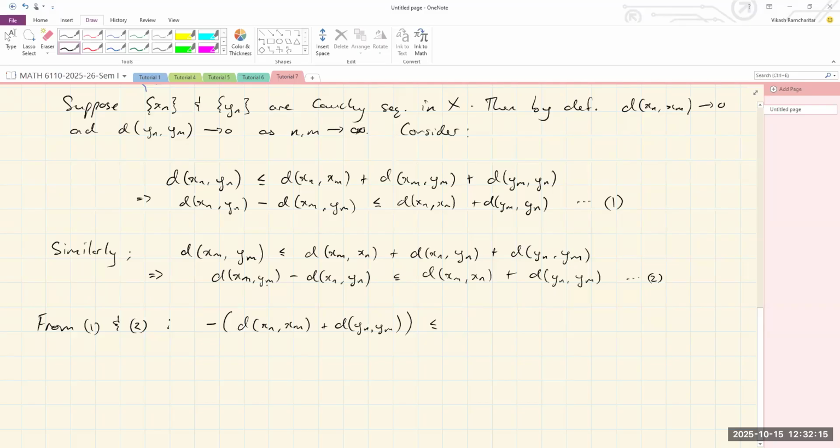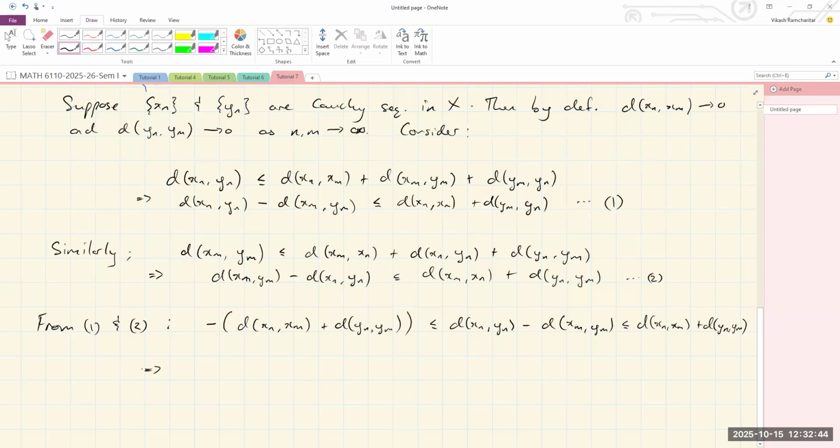So from 2, if we multiply through by a minus sign, this will be d of xn yn minus d of xm ym, and then from 1, if we apply 1 to this guy, you see that this guy is less than or equal to d of xn xm plus d of yn ym.